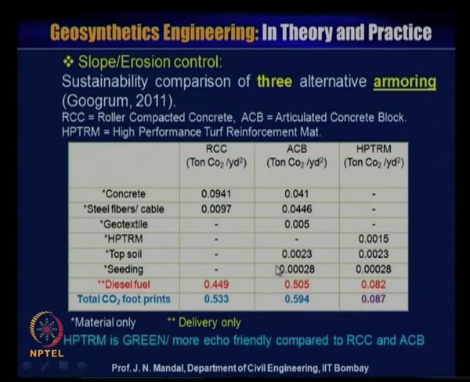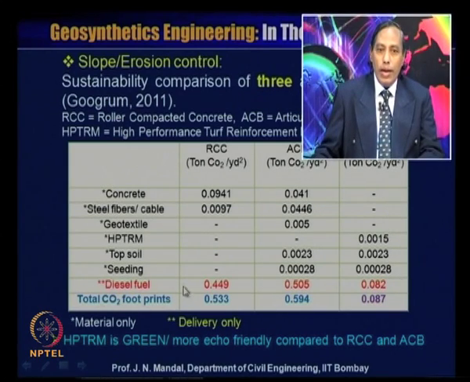Topsoil that you require for ACB is 0.0023, and also for HPTRM you require 0.0023. Seeding you require for ACB 0.00028, and also for HPTRM 0.00028. Then diesel fuel, that is delivery only.